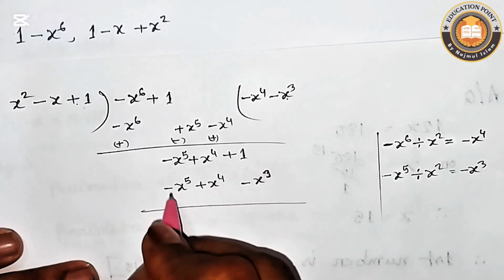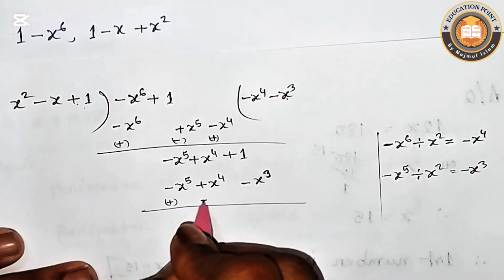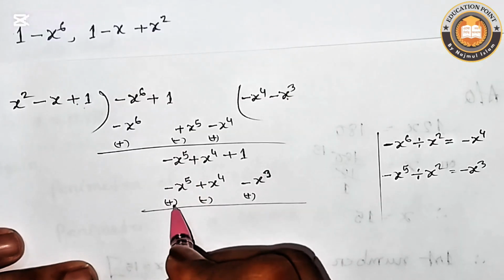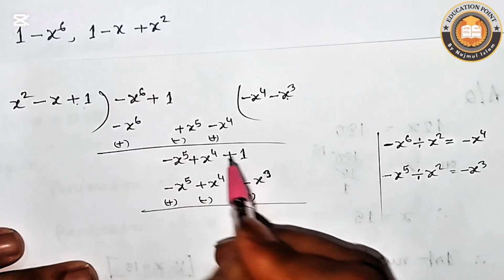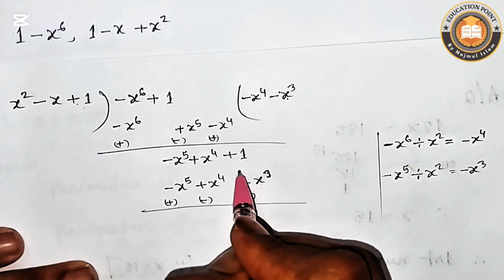According to the division law, symbols will be changed. Minus x to the power 5 plus x to the power 5 equals 0, plus x to the power 4 minus x to the power 4 equals 0.